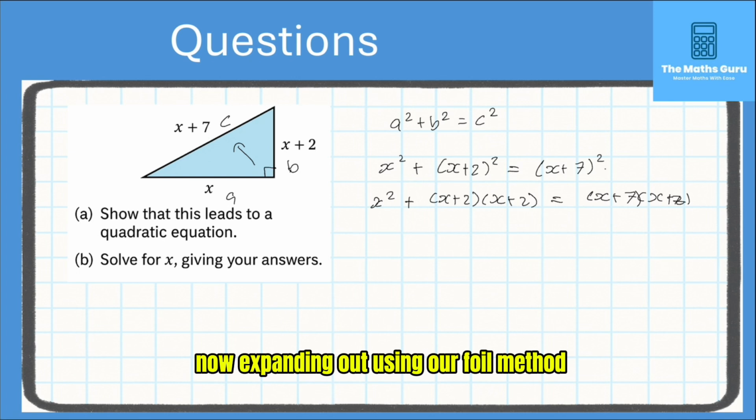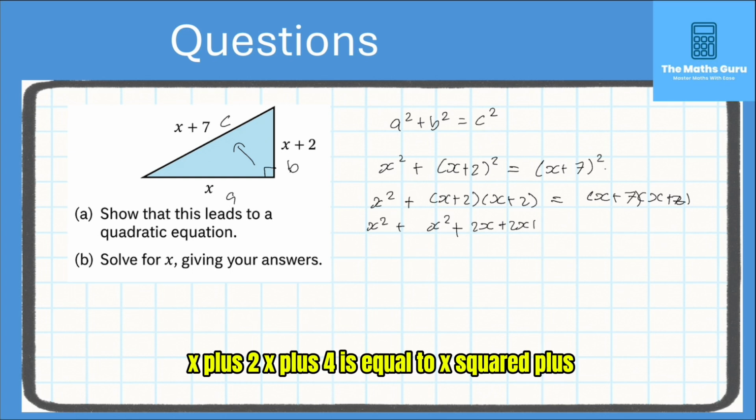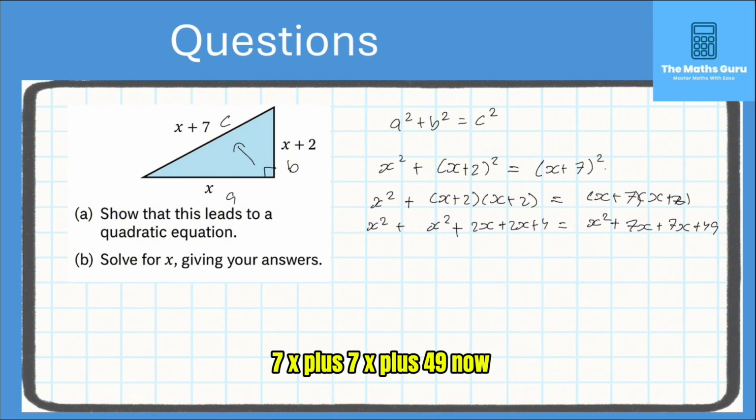Now, expanding out using our FOIL method, we can say that x squared plus 2x plus 2x plus 4 is equal to x squared plus 7x plus 7x plus 49.